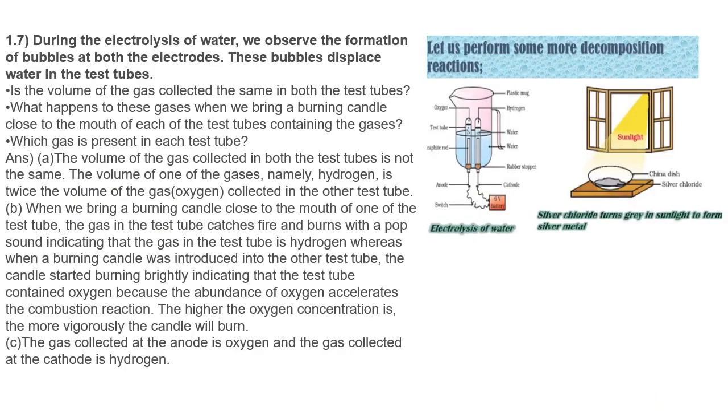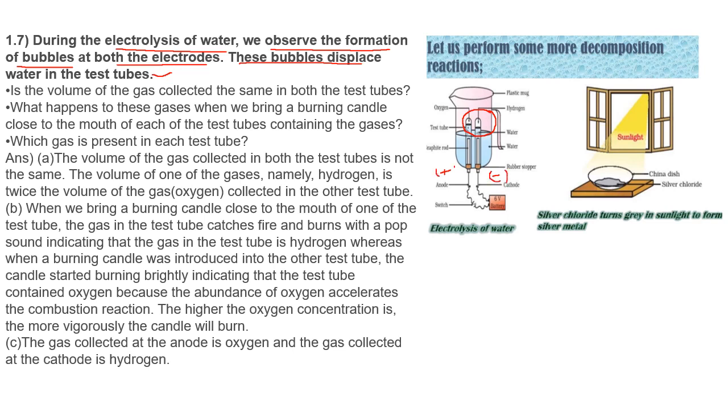Now coming to the next question. During the electrolysis of water, we observe the formation of bubbles at both the electrodes. These bubbles displace water in the test tube, right? If you see this test tube very carefully, at anode, which is a positive electrode, at cathode, which is a negative electrode, right?